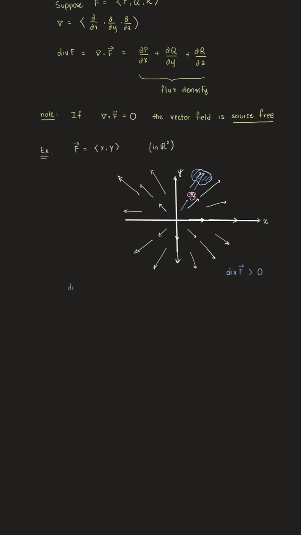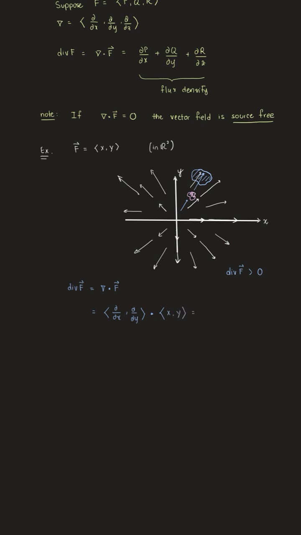So div F, again, as I mentioned earlier, is the dot product of the del operator and our vector field. And so this is going to be partial with respect to x, partial with respect to y. There's del acting on our radial field, ⟨x, y⟩.